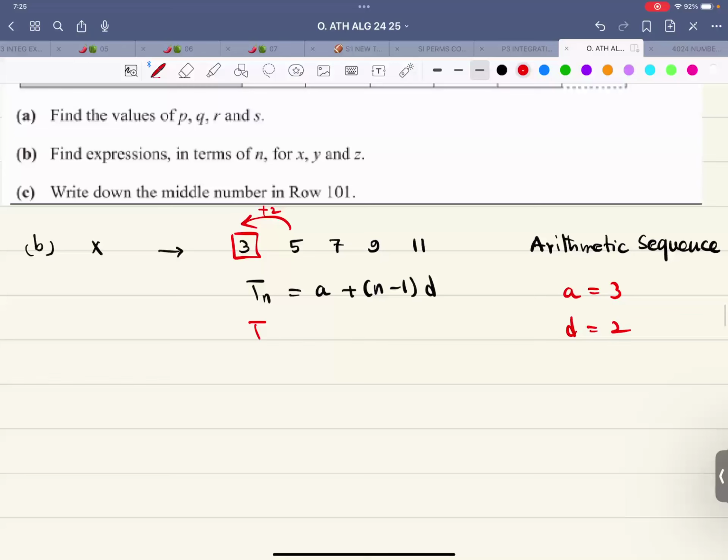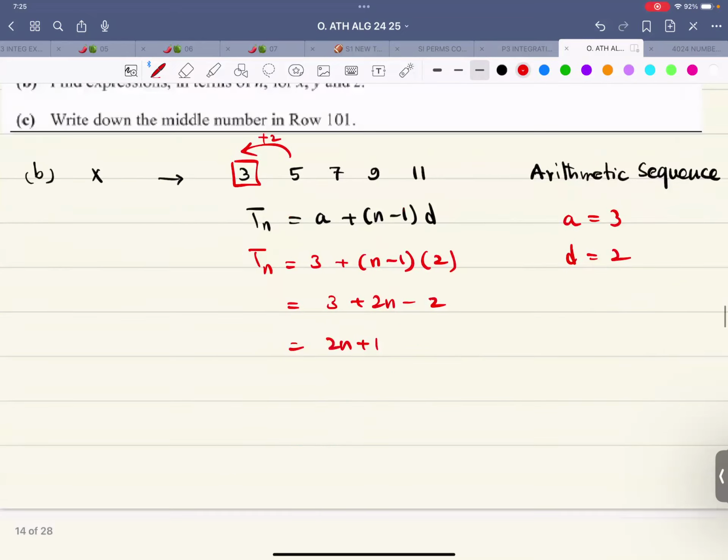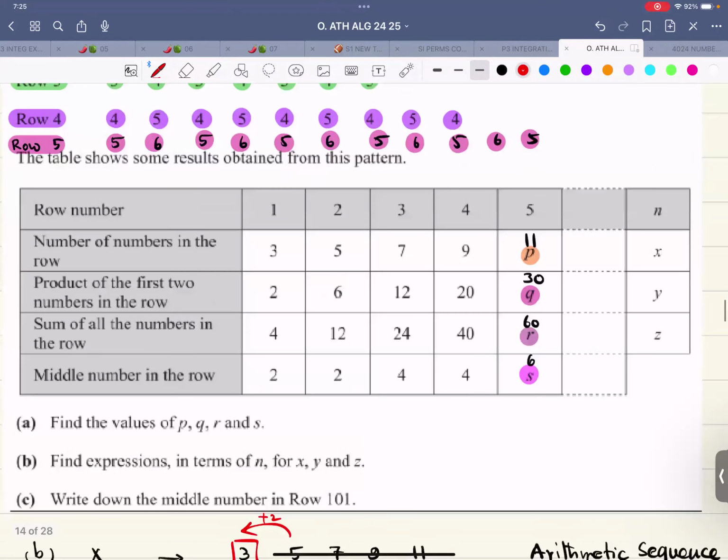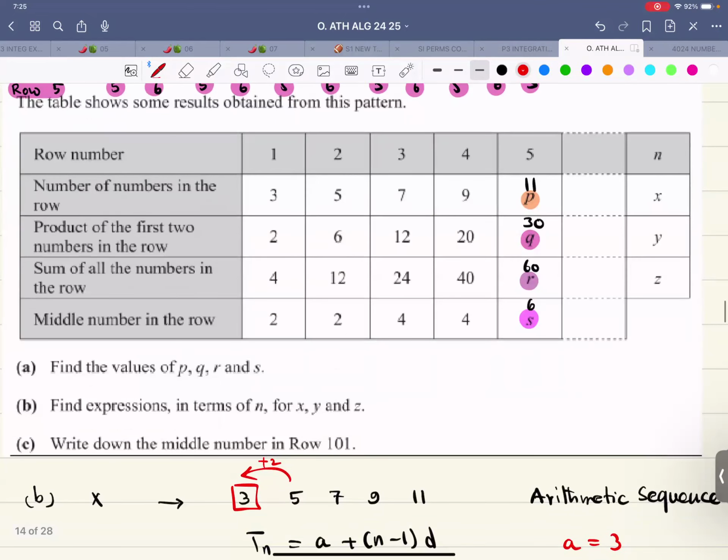So let me write over here Tn is 3 plus N minus 1 into 2. That is 3 plus 2N minus 2. So 3 minus 2 is 1. Therefore, this is 2N plus 1. So basically, X is 2N plus 1. That's the first thing that's done.